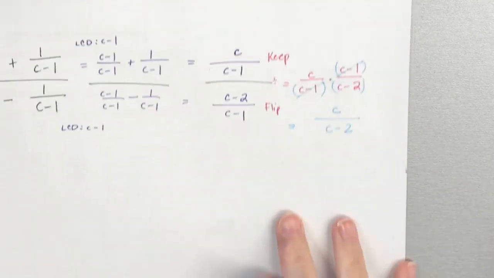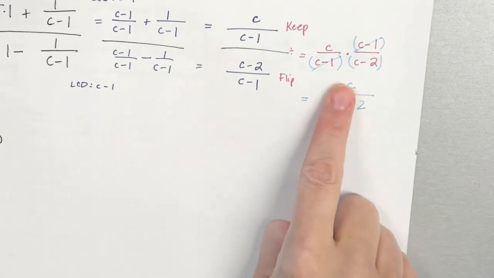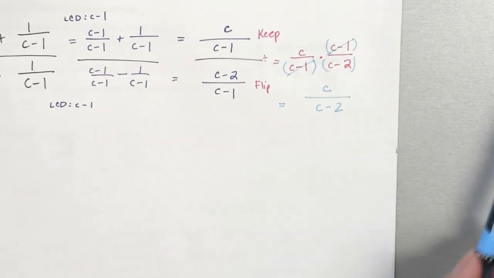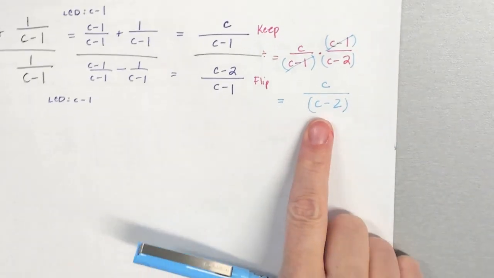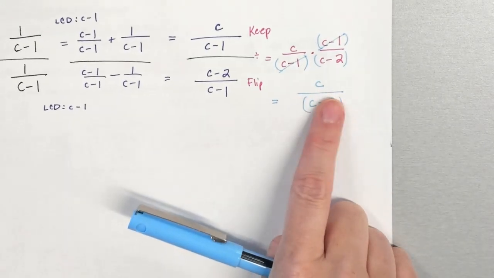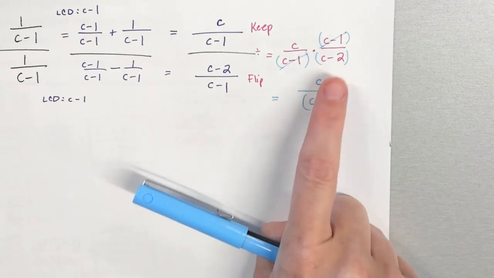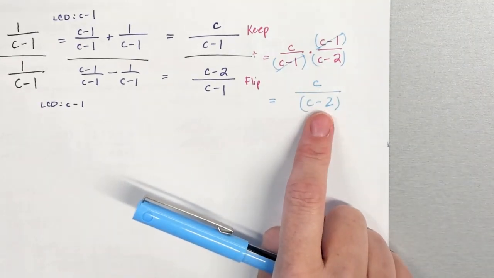Now this is another case where sometimes people want to cancel those out. You can't do that. This C minus 2 in the denominator of a fraction stays together. So when you have a division bar, this is actually in parentheses and this is in parentheses. They just don't write it.